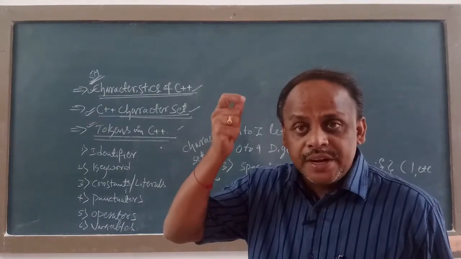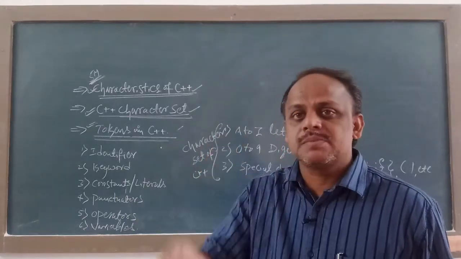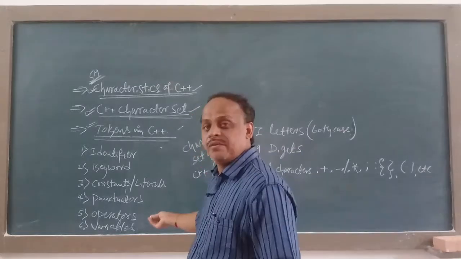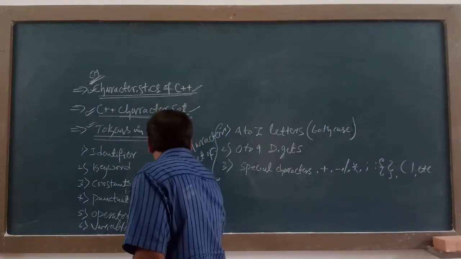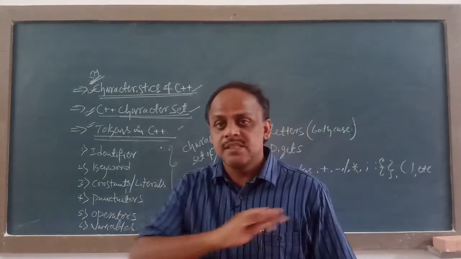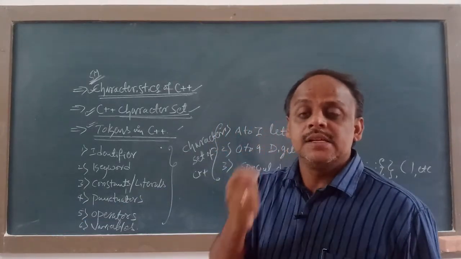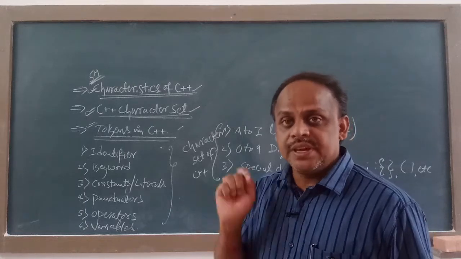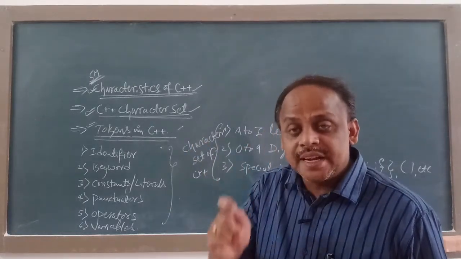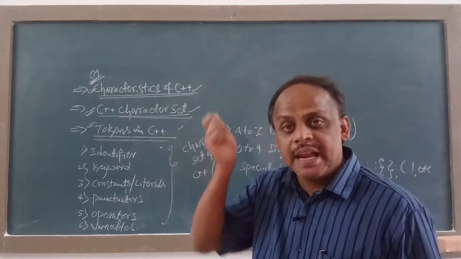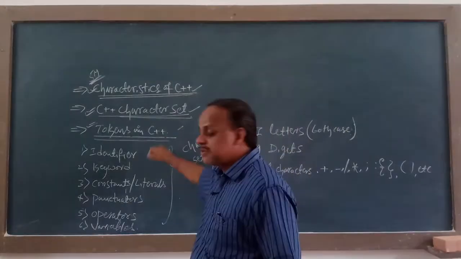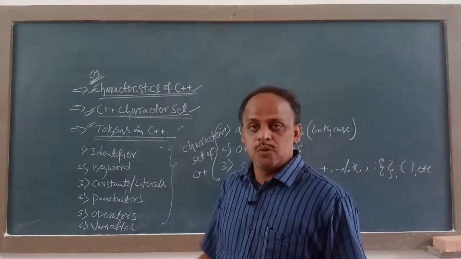When we write a simple C++ program, we are going to use these fundamental elements. Without them, it is not possible to write a valid C++ program. Therefore, the most fundamental elements of any programming language are called tokens.